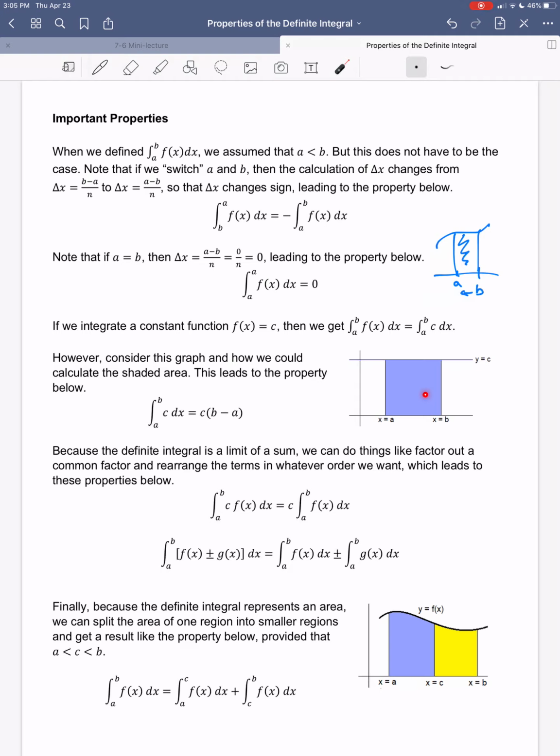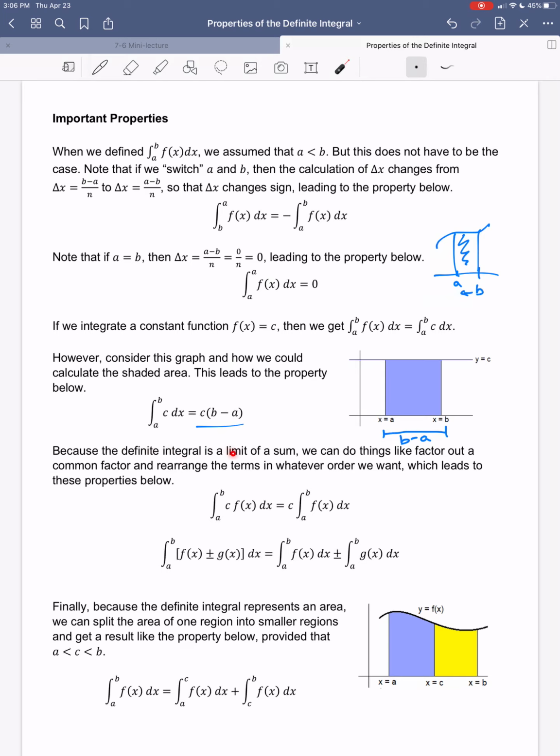But this is just a rectangle. The distance going from a to b is just b minus a. And so that's where we get this value right here. The integral of a constant is just the constant times the length of the interval. Okay, so my constant c times b minus a.